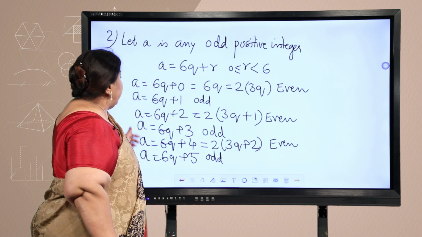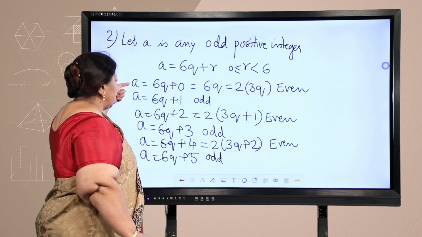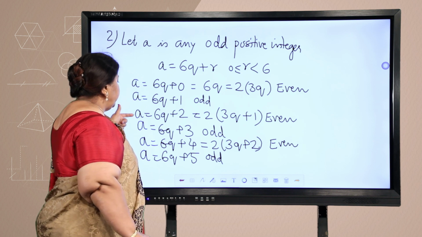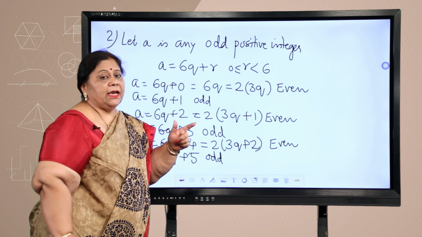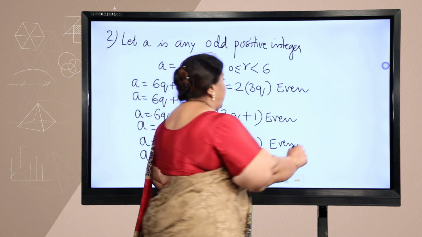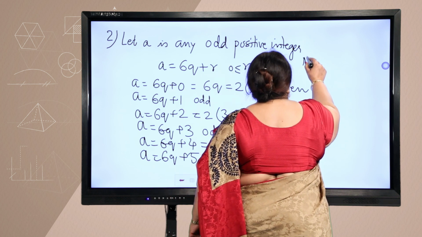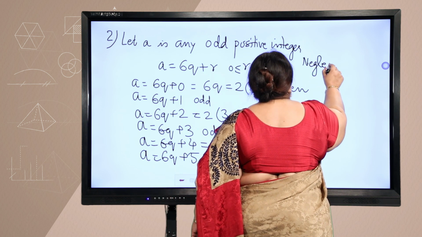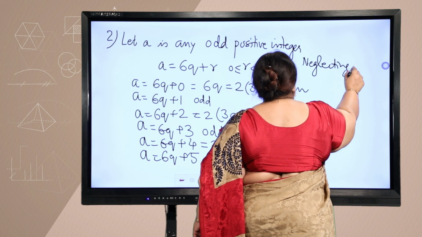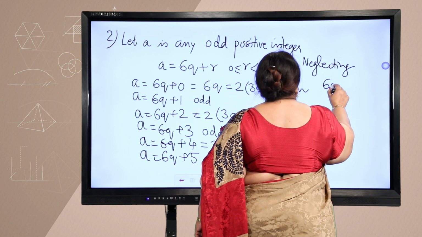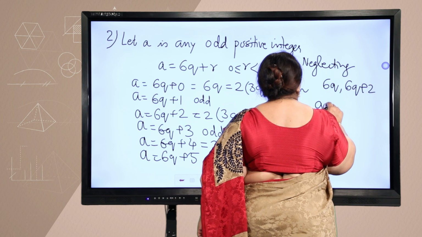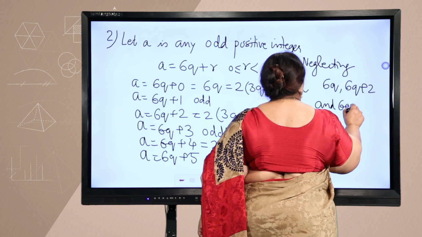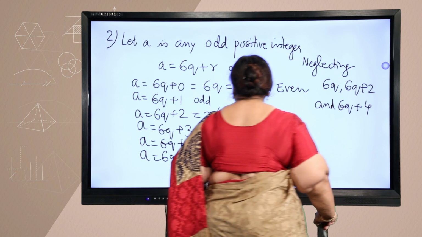Now, we can neglect these cases A is equal to 6q, A is equal to 6q plus 2 and A is equal to 6q plus 4 because they are even. So, by neglecting 6q plus 2 and 6q plus 4, what are we left with?